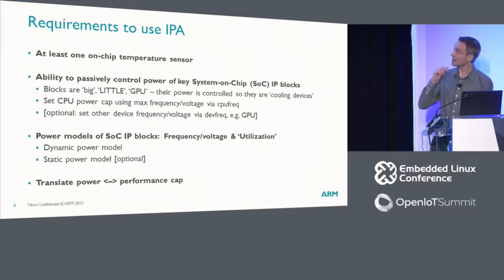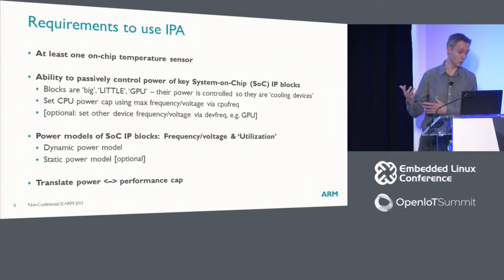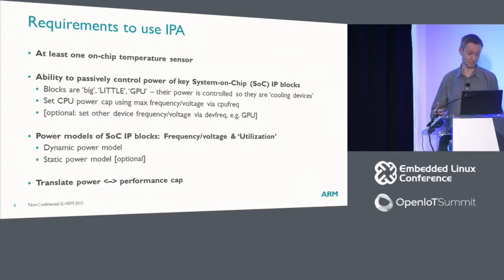Okay, we need to write a power model of the SoC. The IPA algorithm needs a fairly accurate power model, so that for each voltage point and megahertz point, and based on the utilization of that block, it knows what the power is going to be.